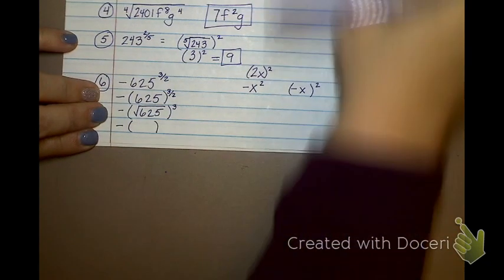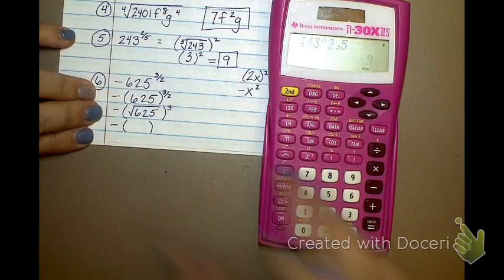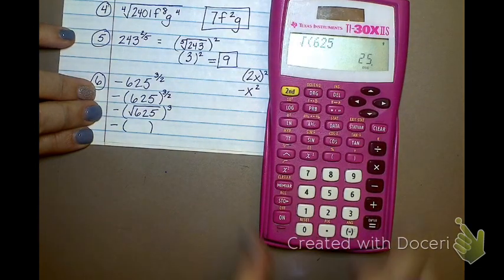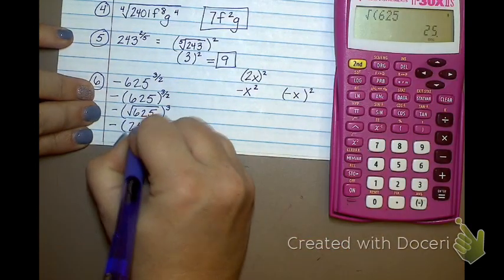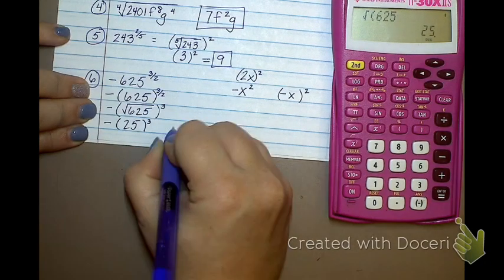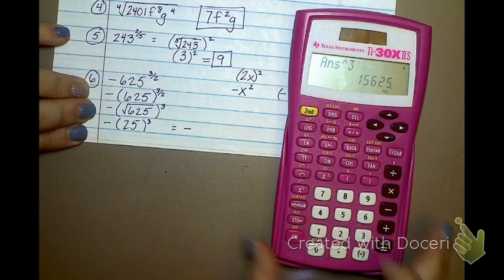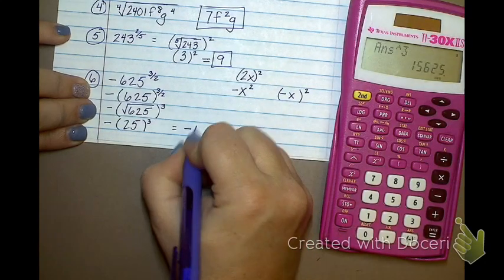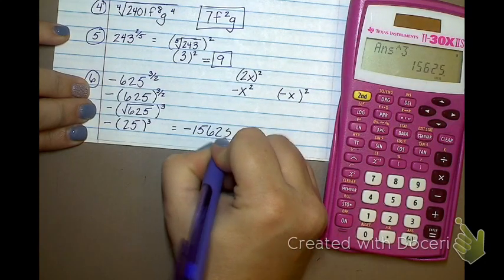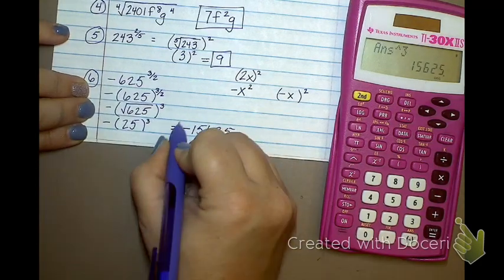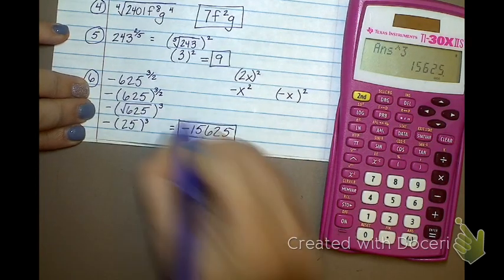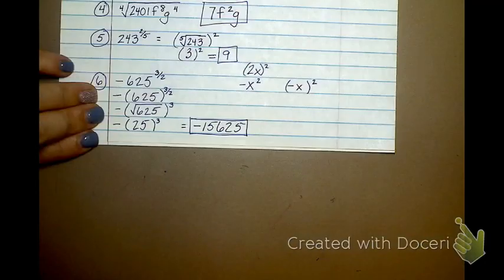What is the square root of 625? 25. Cubed? A big number. 25 to the 3rd power is 15625. And because that negative sign just kind of held on the whole time, my answer is negative 15625. Okay?